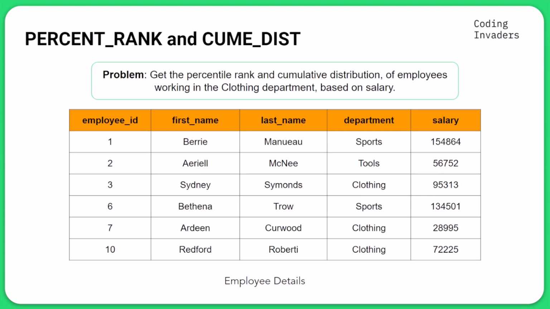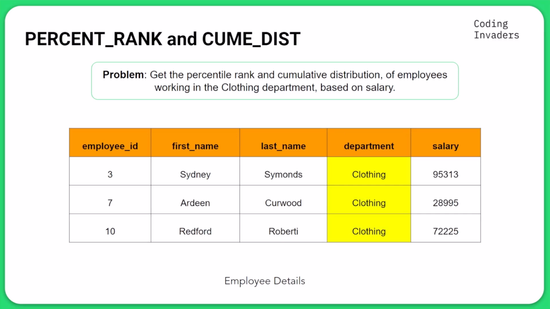So let's focus only on the clothing department. What you see here is the data set for the rows of the clothing department. Now I have sorted the salary from low to high because we want to find rank. That's why we have sorted.